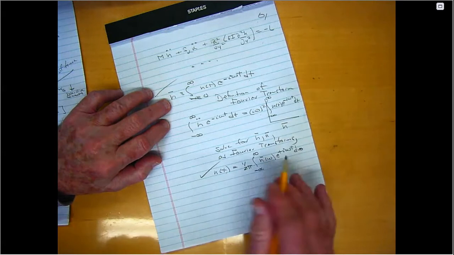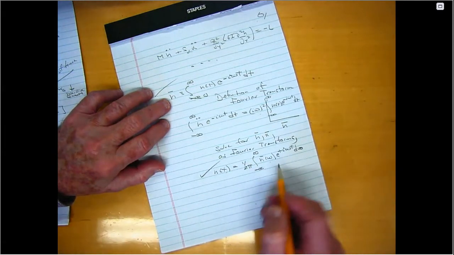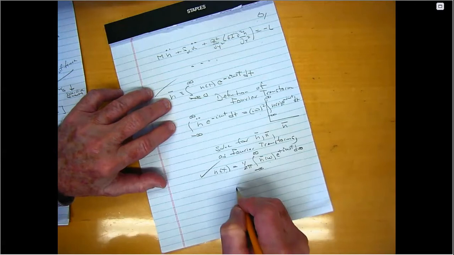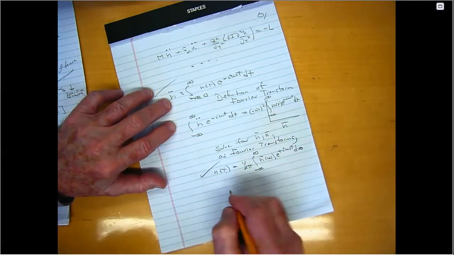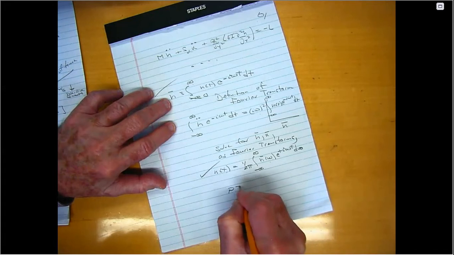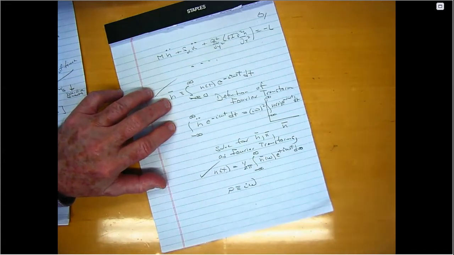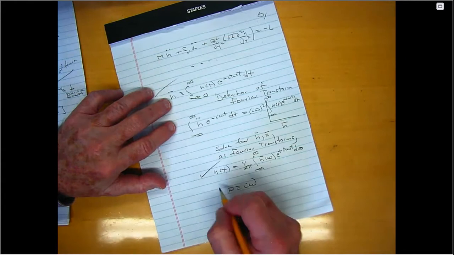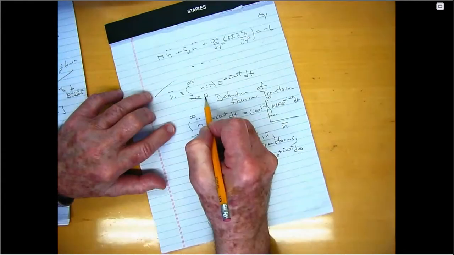And then usually in the Laplace transform world, rather than dealing with omega, you deal with another variable, maybe you want to call it p, the Laplace variable, which by definition is i times omega. So there's a change in notation, and this lower limit is now going to be 0.